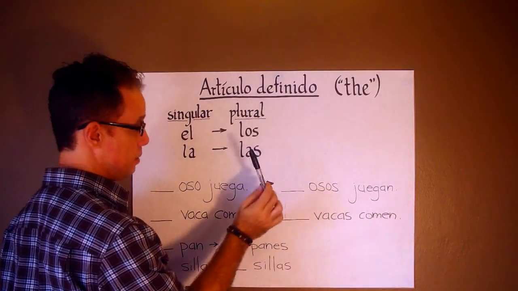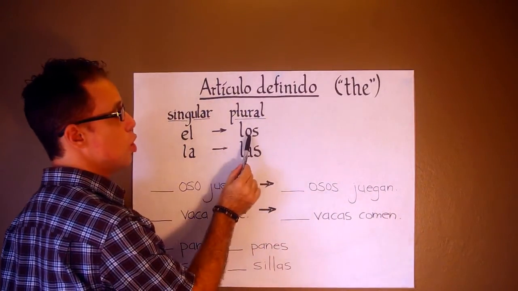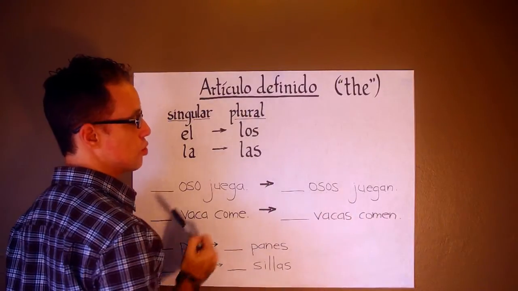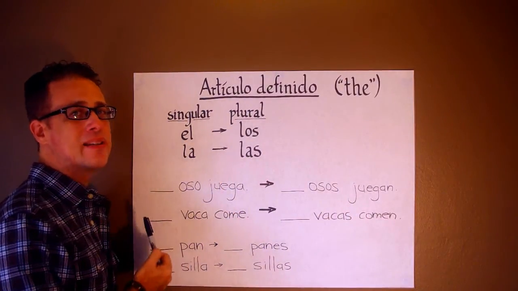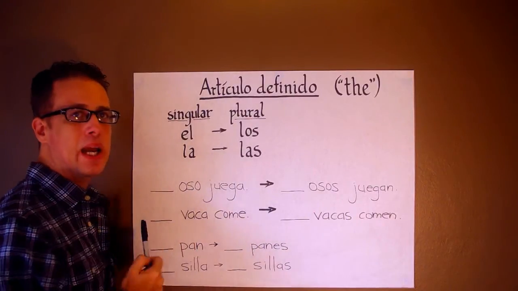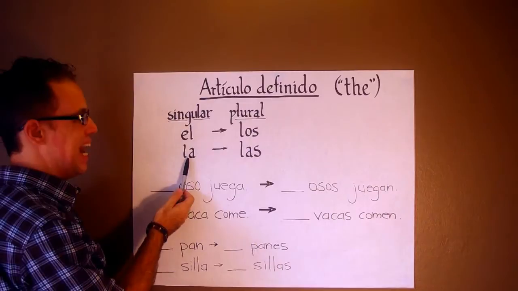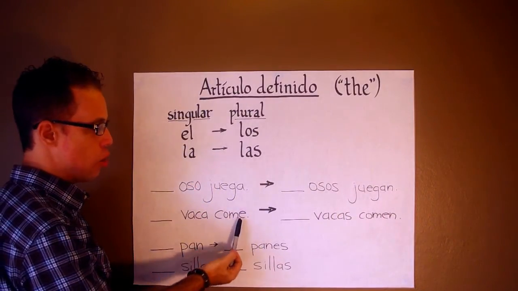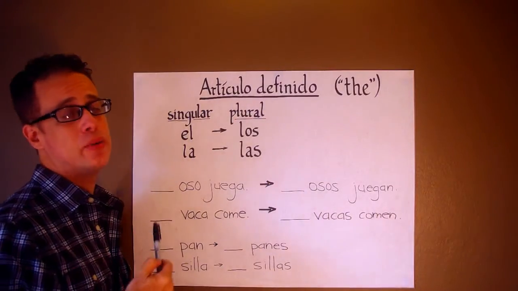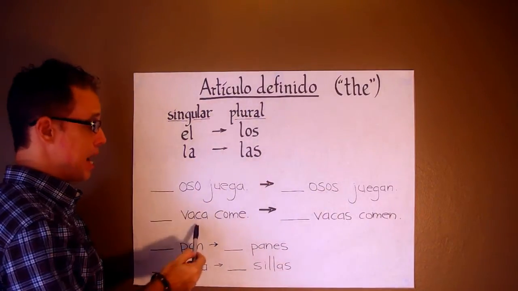Plural noun in the masculine, I'm always speaking here in the masculine, you use los osos, okay? Now to the feminine, vaca, remember vaca? Vaca is cow. Vaca come, cow eats, but the cow eats. La vaca come, because you already know about which cow I'm talking about. So you say la vaca come.